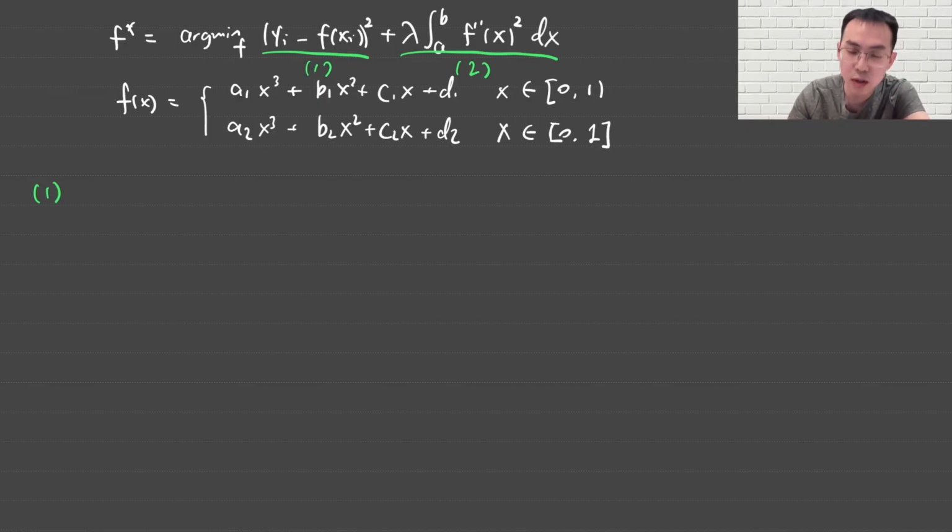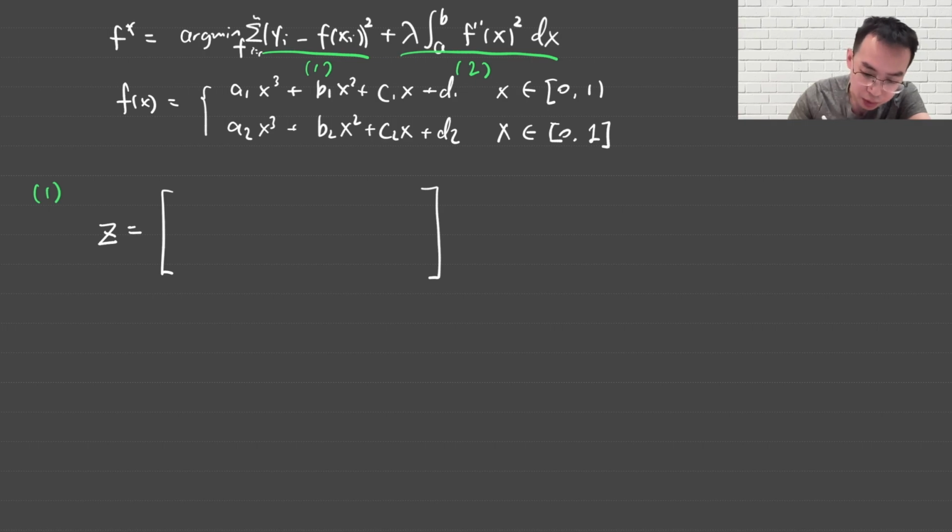It turns out this looks a lot like the basis expansion we talked about before. So we can write it out as a linear problem. I think I'm missing a summation here. We can write it in matrix form by defining this augmented matrix Z, containing the data points by augmenting them: 1, x, x squared, x cubed.